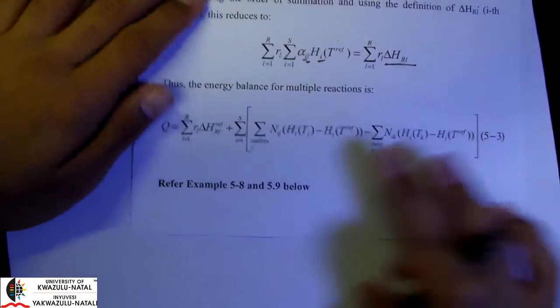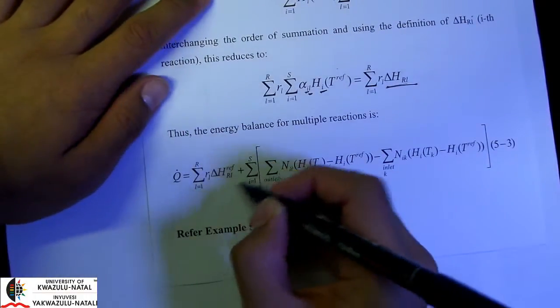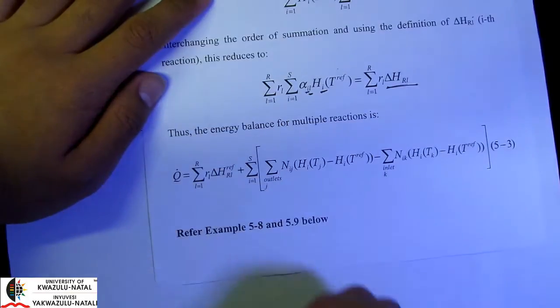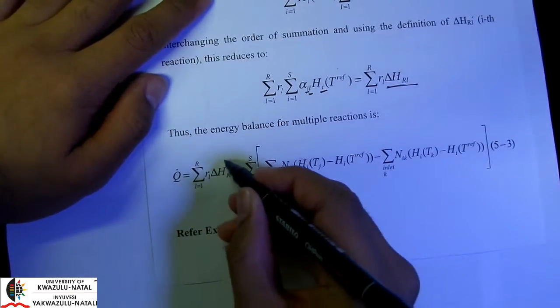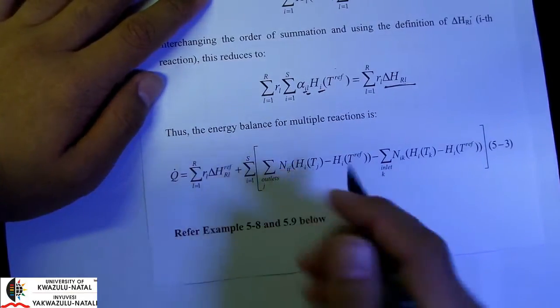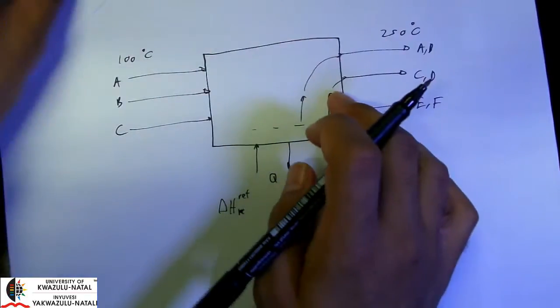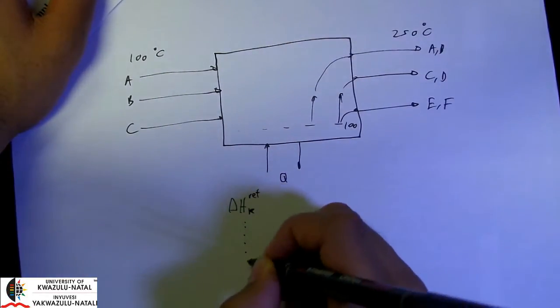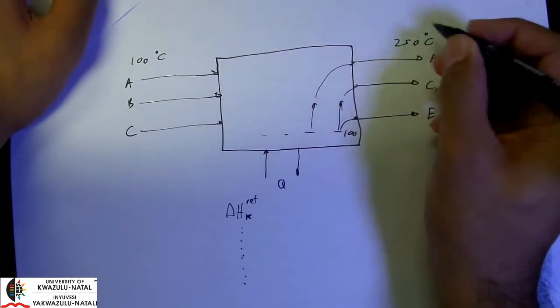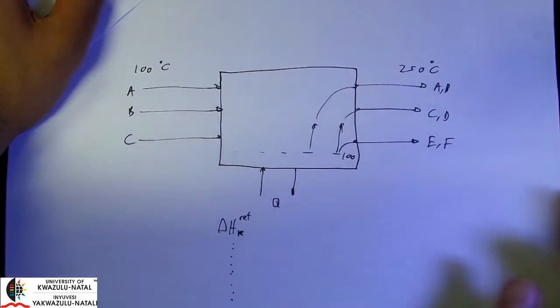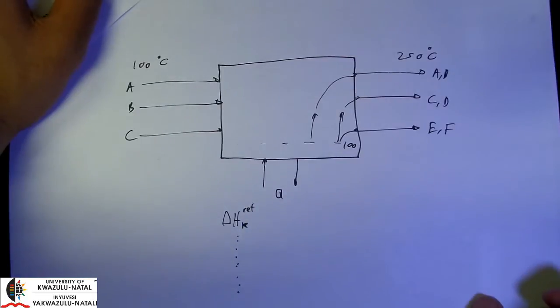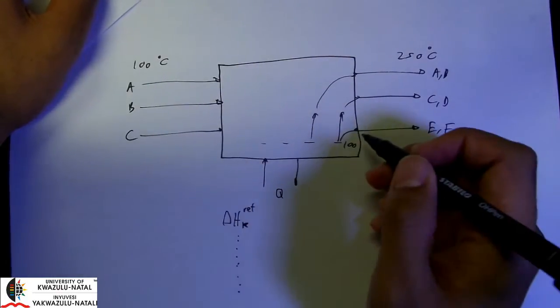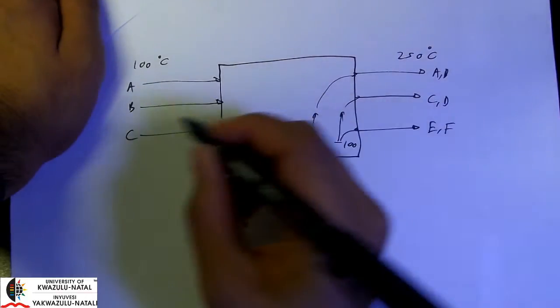And if there are many different reactions, I can simply evaluate all of my reactions at the same reference temperature. If I choose my reference temperature to be 100, I'll evaluate all of my reactions at 100. If I choose it to be at 250, I'll evaluate all of them at 250.